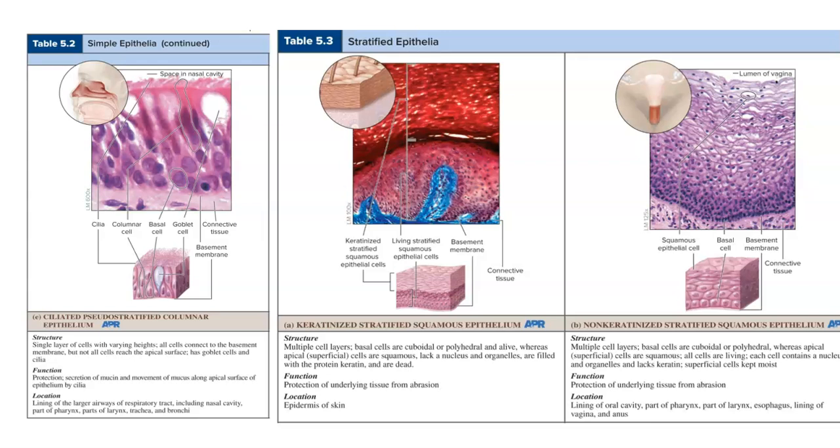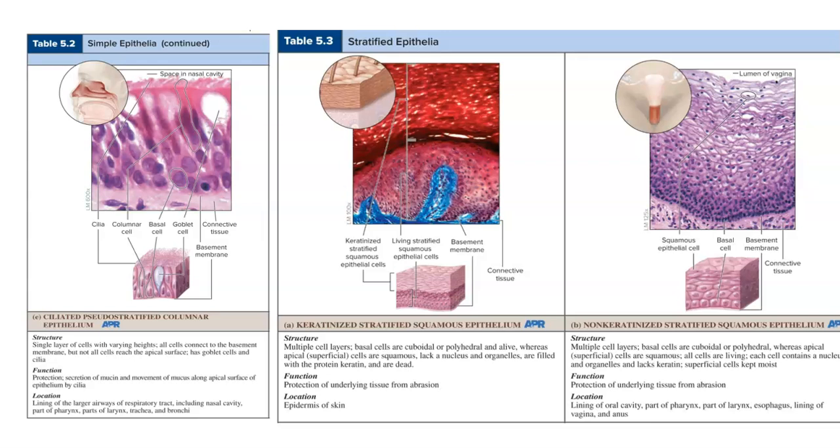So this is going to allow these cells to be pushed upward as new cells are made. So think of it, you're building from the bottom, so everything on top is getting pushed up, up, up, up, up. Now when those cells get closer to the apical surface, they're farther away from that vascular supply down in the connective tissue, so the cells are dying.